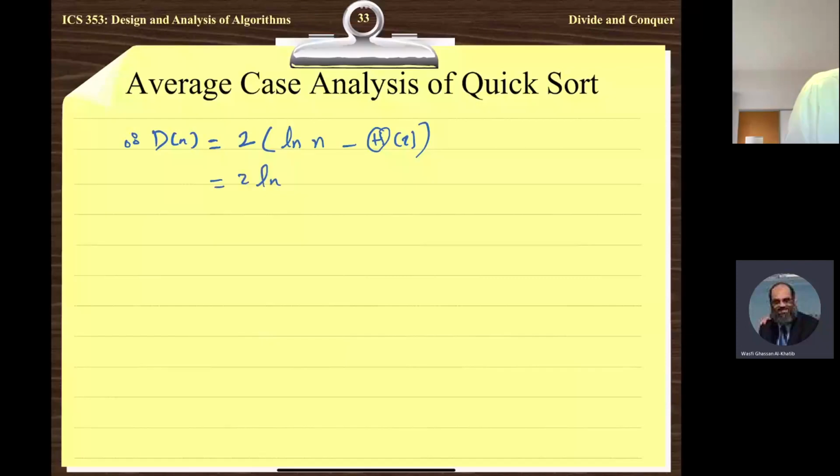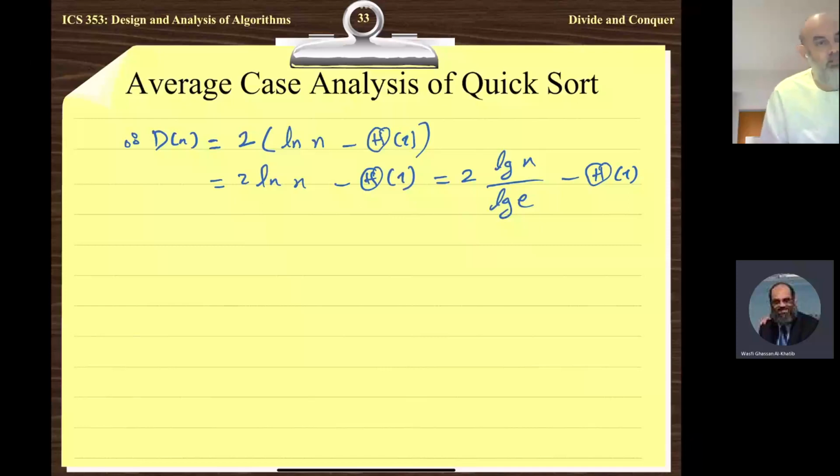So this is twice ln n minus big theta of 1. And we know that ln n is log to the base 2 of n divided by log e, right? So this is basically twice log n over log e minus big theta of 1. We're done. That's it. So now I have the solution: dn is twice log n over log e minus theta 1.